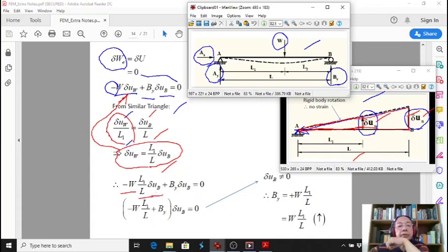So after we substitute here, we get this plus BY, this term, times virtual UP, equal to 0. So then we can factor out virtual UP. We can collect virtual UP and then we can factor.